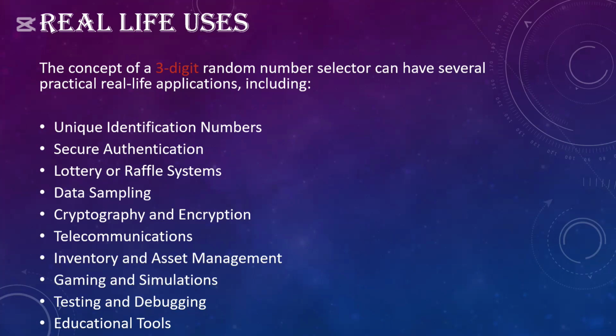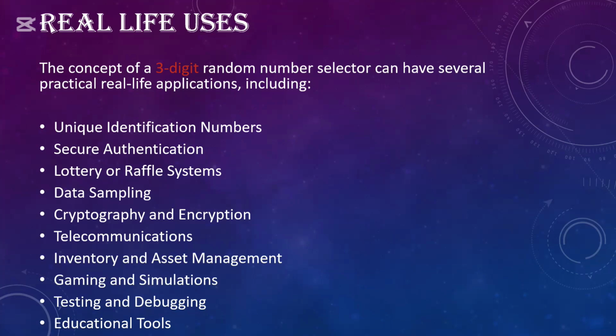Number 5, cryptography and encryption. Generating random keys or seed values for algorithms. Number 6, telecommunications. Assigning random numbers for temporary or virtual phone numbers.